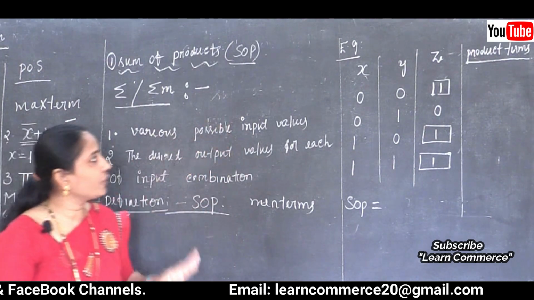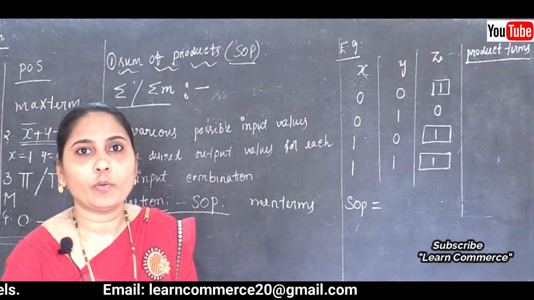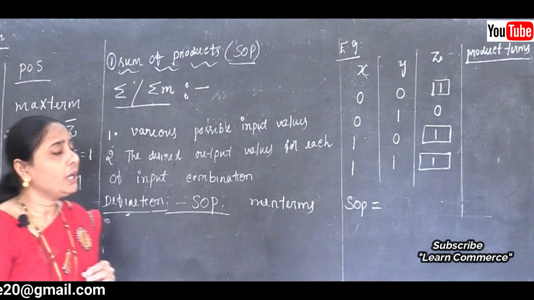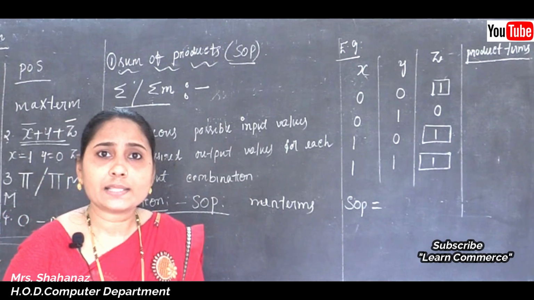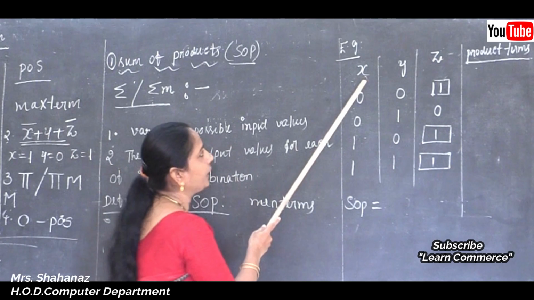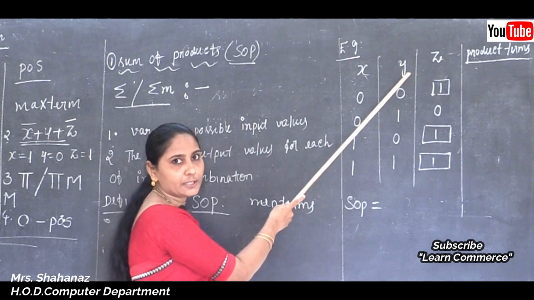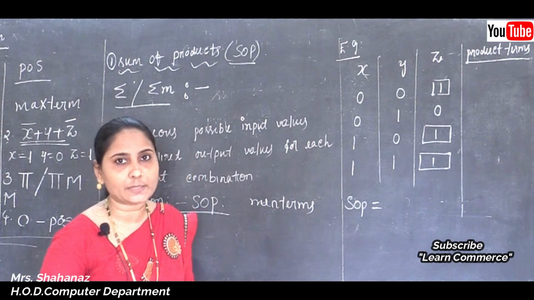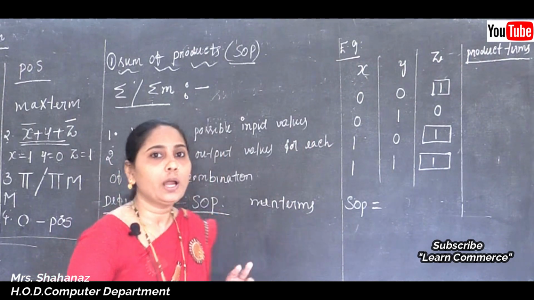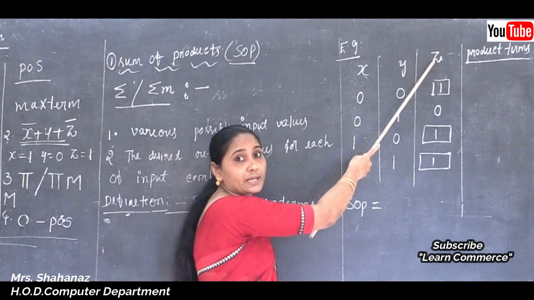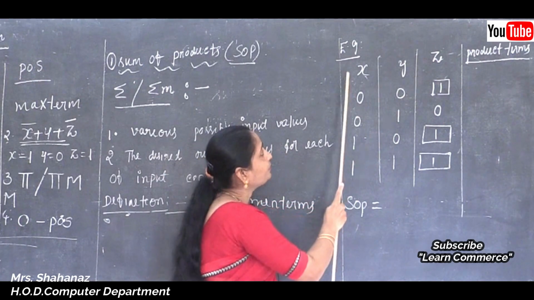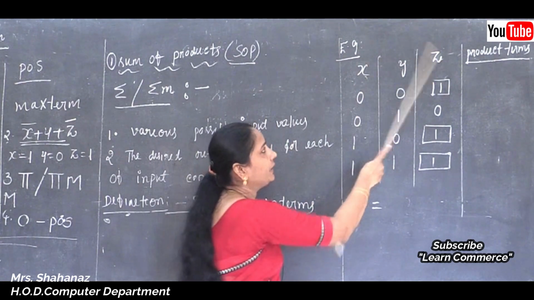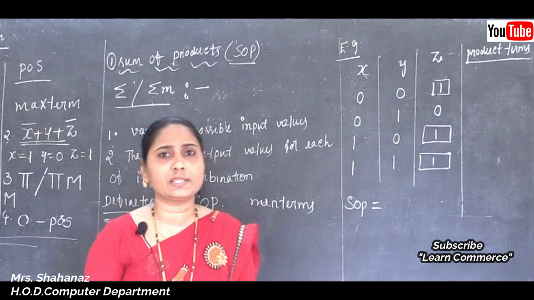Now let's use one example to explain what I said in the definition. For example, if a logical expression has two inputs, in this example the input values are x and y. Clear this point here? The logical expression has two inputs, x and y, and the output is z.